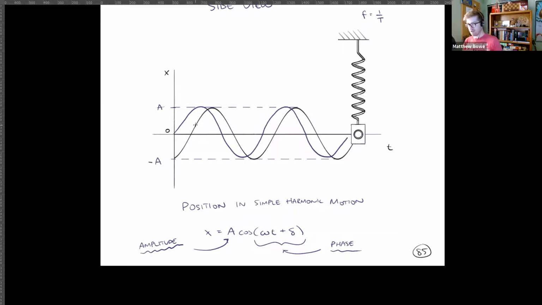It has the same amplitude and the same frequency, but it is shifted a bit. So the phase is sort of where you start this wave, where you start measuring from. Okay, I'll define all of this on the next page also.